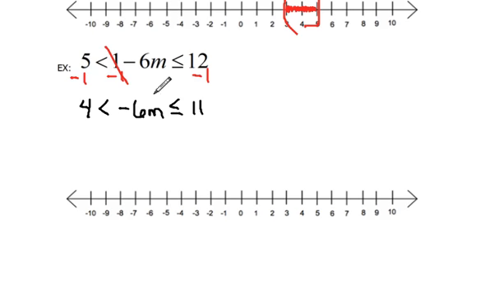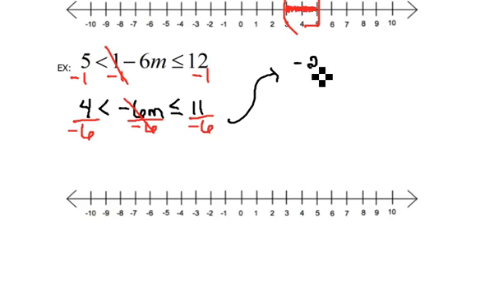Now we still do not have our variable alone, so we would have to divide by negative 6 to make that happen. So remember, we can do that as long as we do it to all three parts. Now here's where things get interesting. 4 over negative 6, that will not divide evenly, so all we can do is reduce it down. 4 over 6 reduces down to 2/3, and it is negative because a positive divided by a negative is negative.